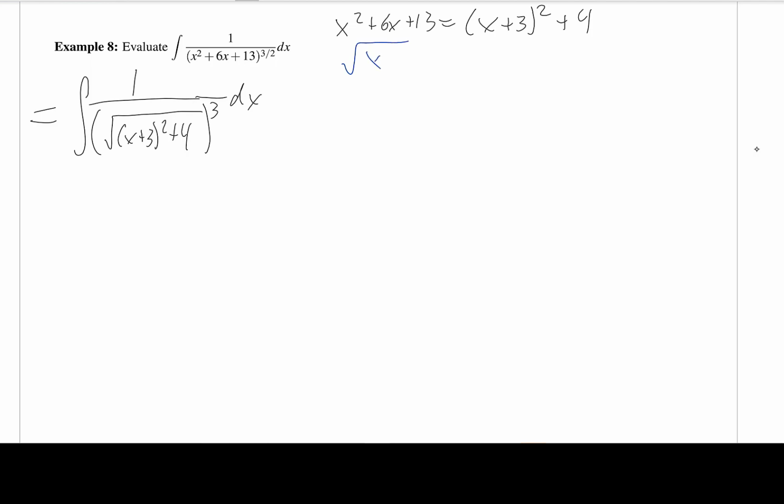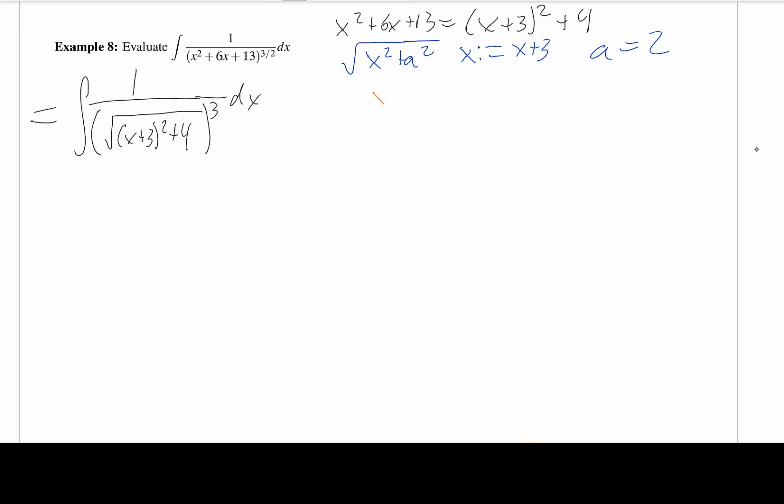So the form we should be looking at is square root of x squared plus a squared, where we have to redefine x to be x plus 3, and we'll have a equal to 2. So in this case, we should be using x equals a tan theta.